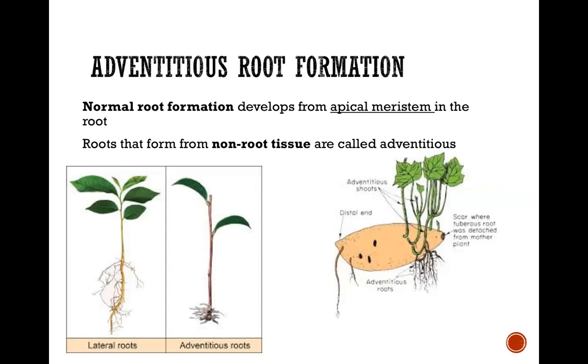However, plants have the ability to produce another kind of root called the adventitious root. This adventitious root forms from any other part of the plant that isn't the apical meristem of the root. So it could be on the root, or tuber in this case, of the sweet potato, or it could be from a leaf or from the stem.